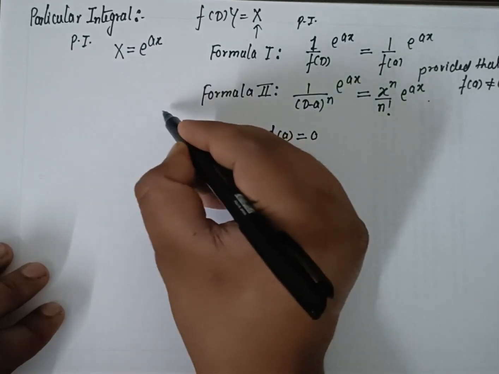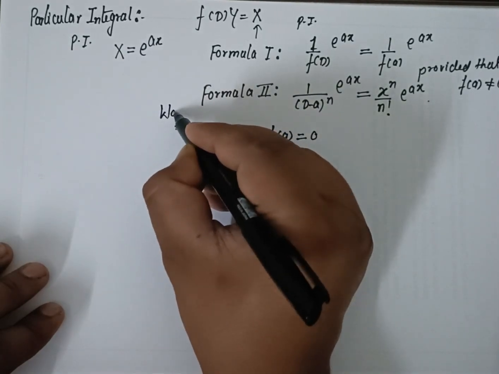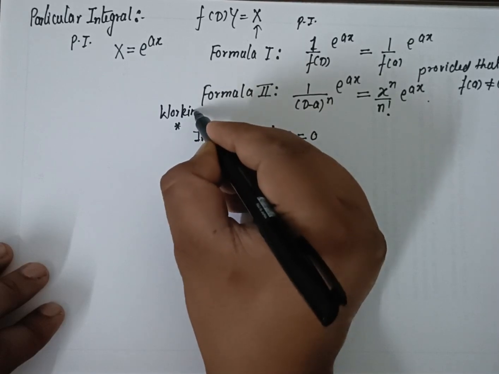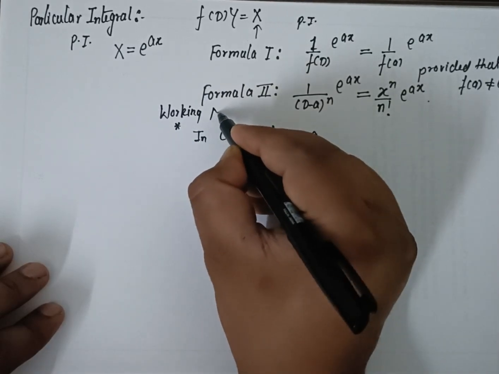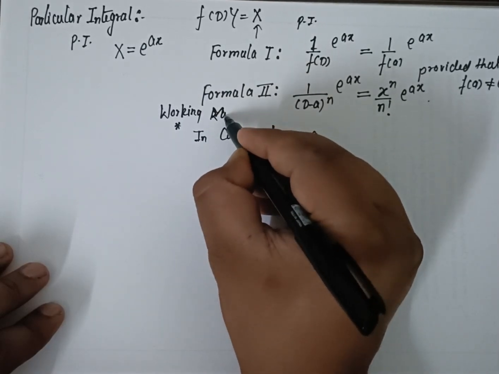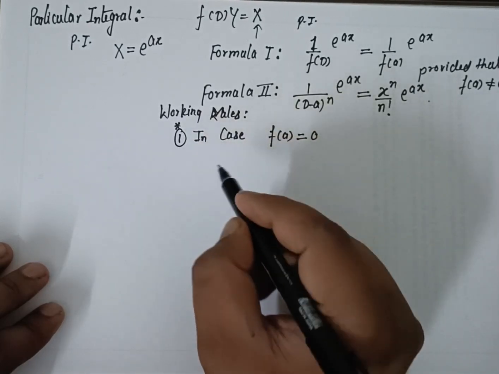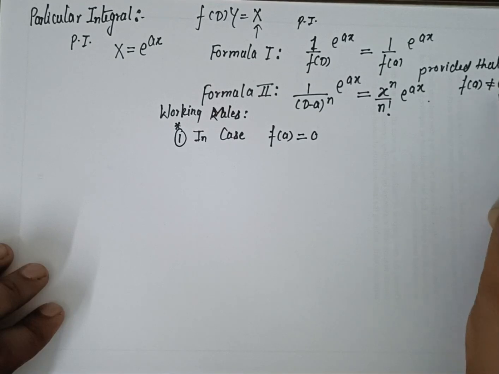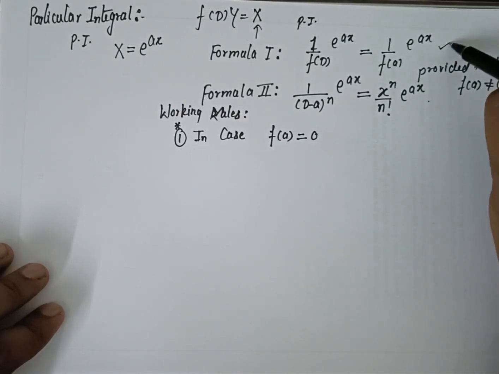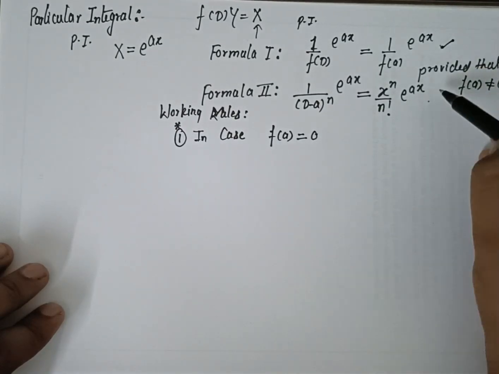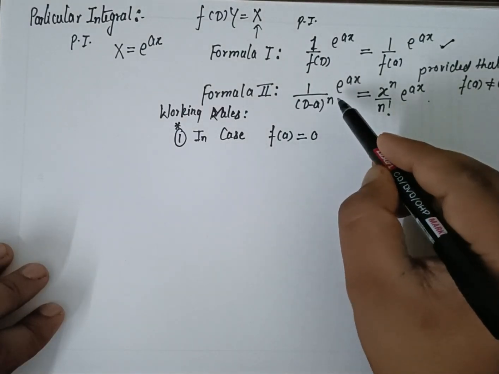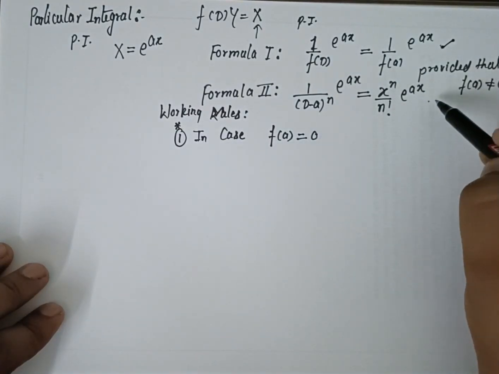It is the working methodology, or you can say working rules. Number one, you will check if f of a is not equal to 0, so your PI will be calculated with this formula, or if your expression is of the form, then your PI will be calculated with this formula.